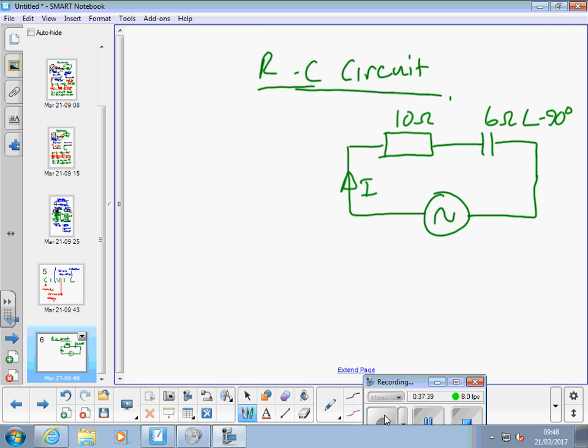RC circuit. Resistor, capacitor. Again, if you're only given an ohmic value for the capacitor, you need to remember that it's a negative angle of 90 degrees for a capacitor.